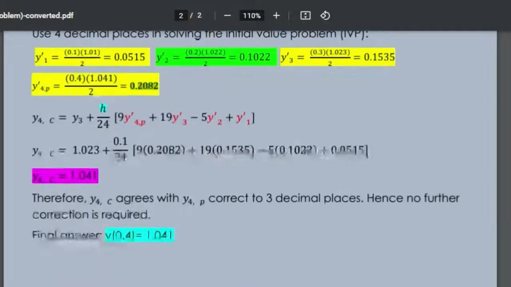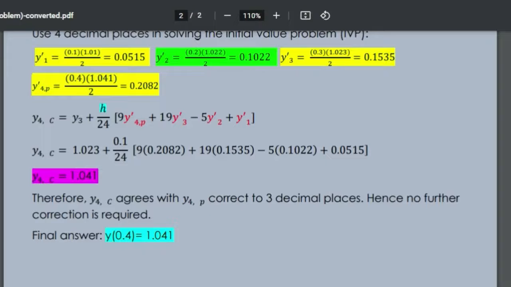So here is the unknown, the fourth. What we did is we plug it in, and fix the calculator to 3 decimal places. So our answer there is y sub 4 c equals 1.041.